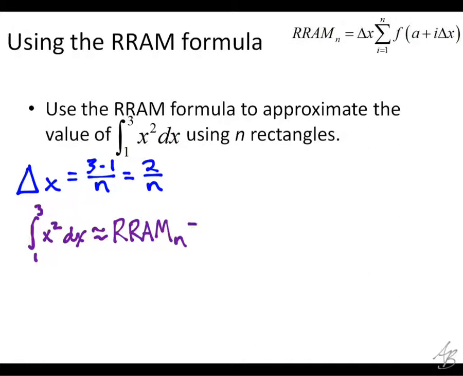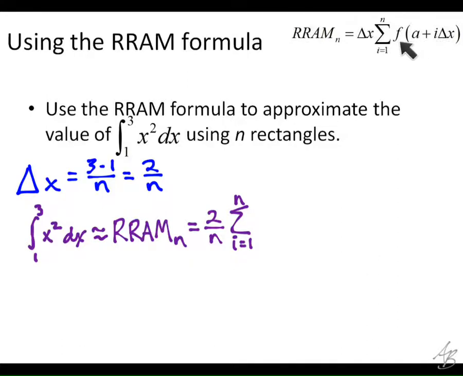And that is going to be equal to delta x, which is 2 over n, times the sum from i equals 1 to n. Again, we're going to leave n as a variable. We want to let that be any number we want. And then it's going to be f of a plus i delta x.